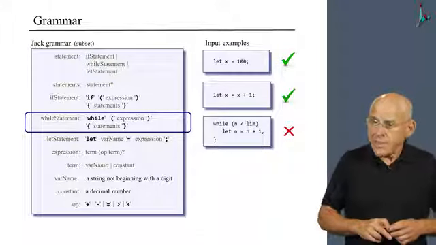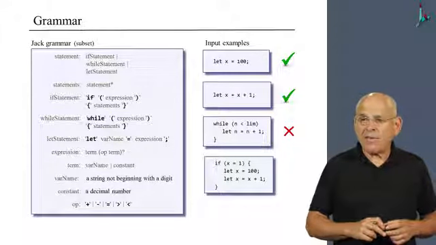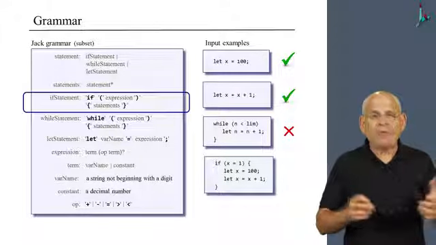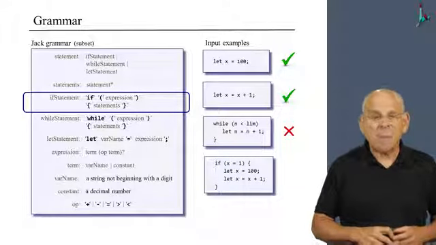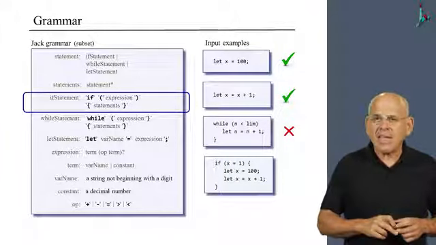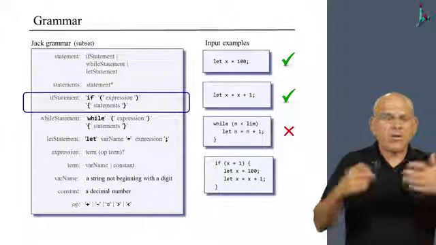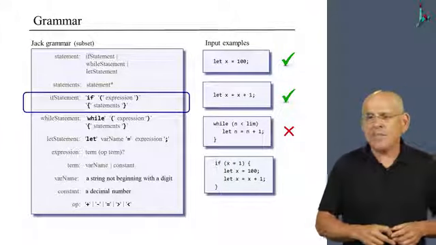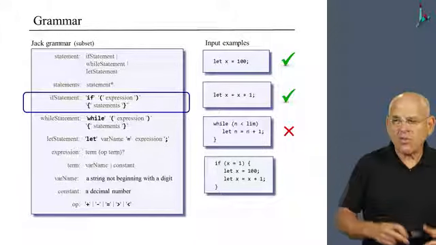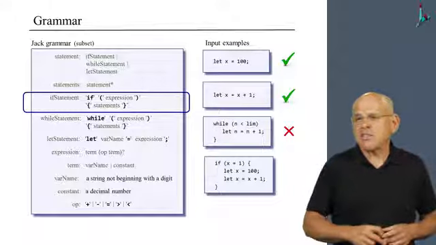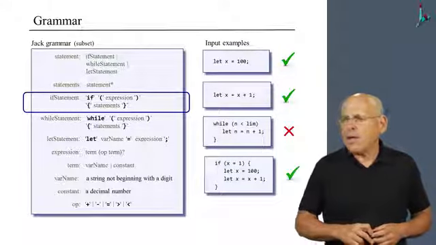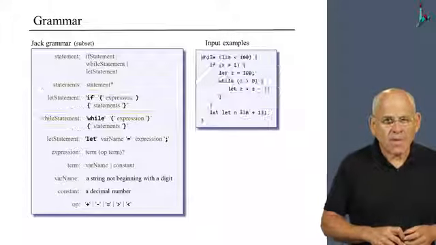What about this input? Well, here we have an if statement. And we see that the if statement allows to have statements within the curly brackets, and statements is 0 or more occurrences of statement. And indeed, we have here 2 such occurrences. So once again, we have a legitimate input. Finally, what about this input example?